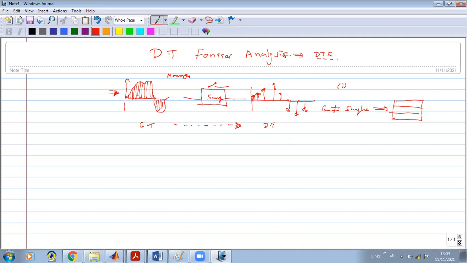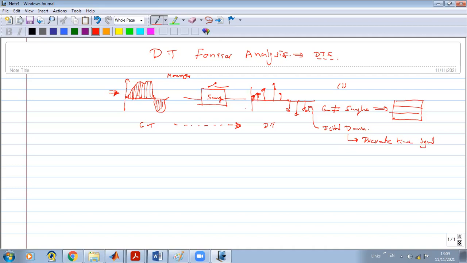Nowadays those are digital electronics, digital components. So when we are processing and manipulating this signal in the digital domain, it is a must to have a discrete time signal. Otherwise, it is very hard to manipulate.